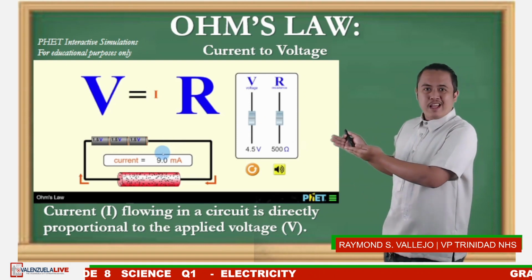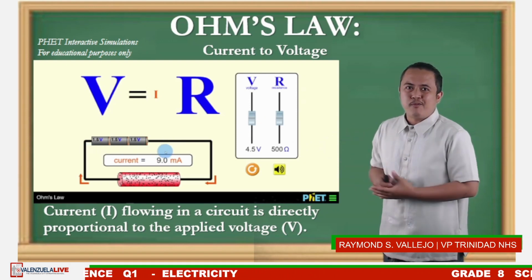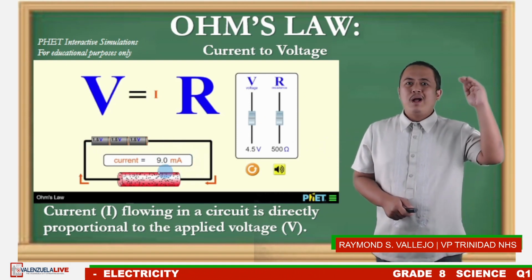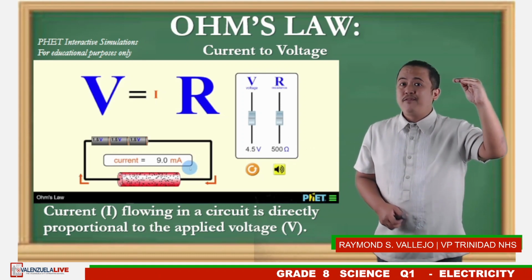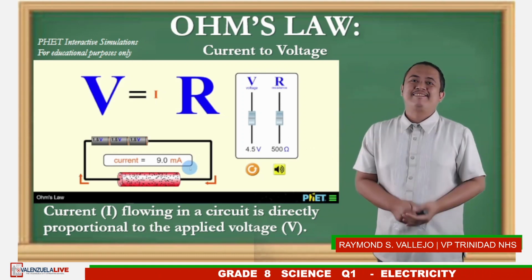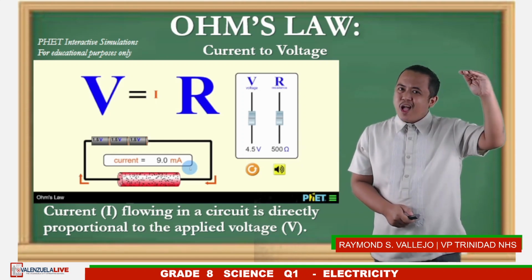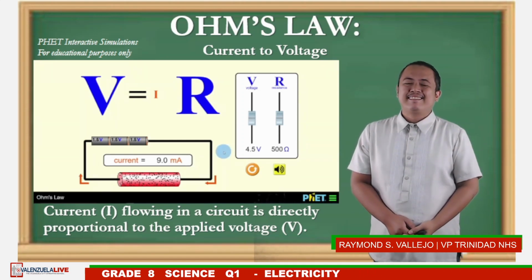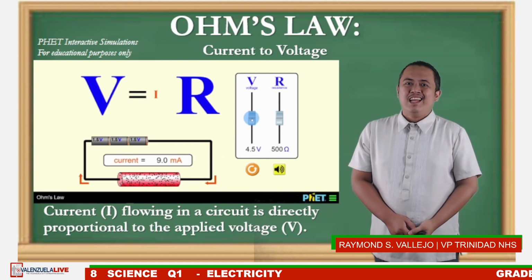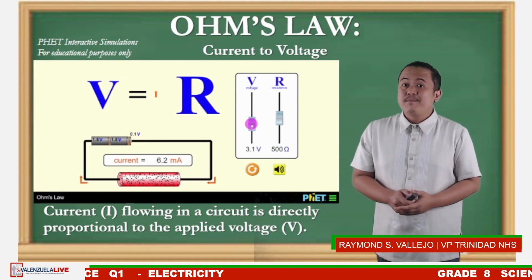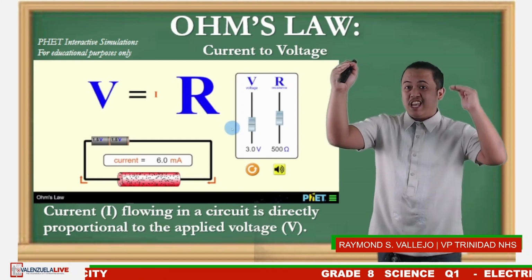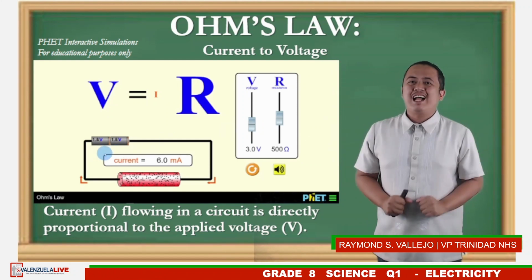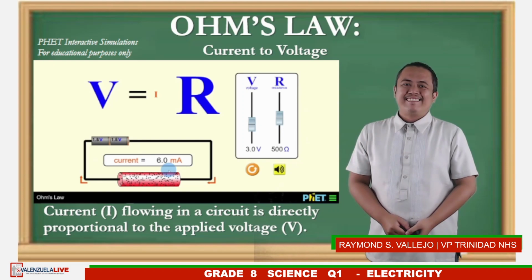Again, observe the simulation that is happening right now. What will happen to the current if voltage increases? Will it increase or decrease? If your answer is current increases as voltage increases, you got the correct answer.